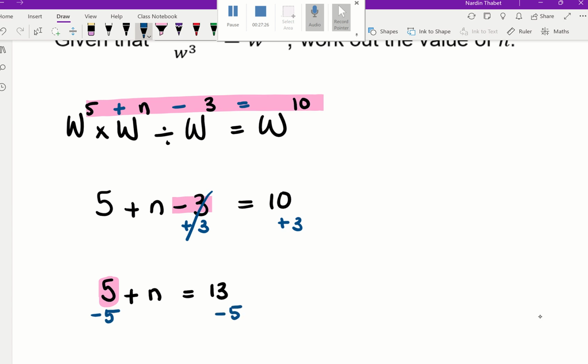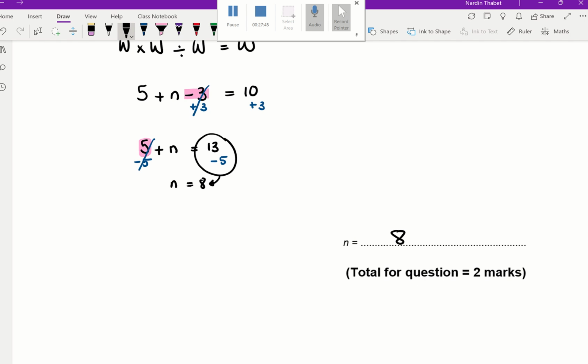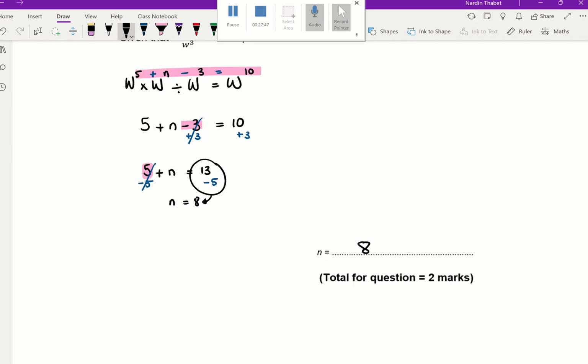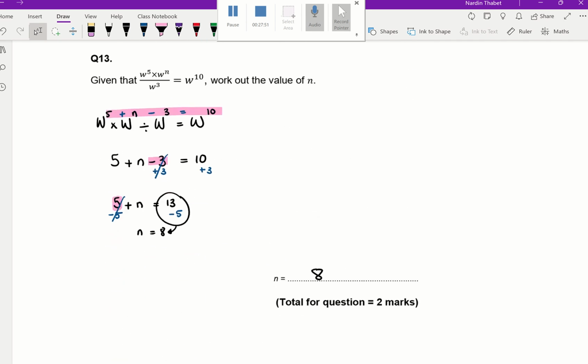Minus 5, and I now have what the value of n is. n equals 8, because 13 minus 5 gives me 8. And I would put the 8 here. n equals 8. And that is the end of the test.